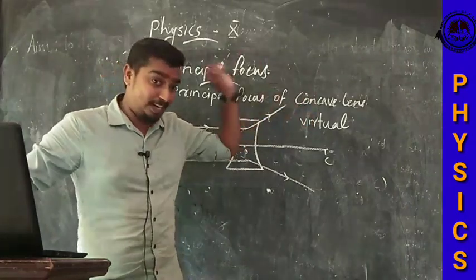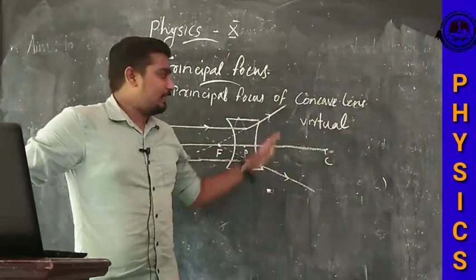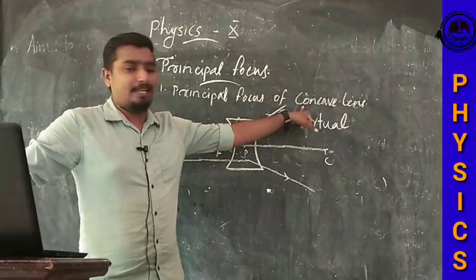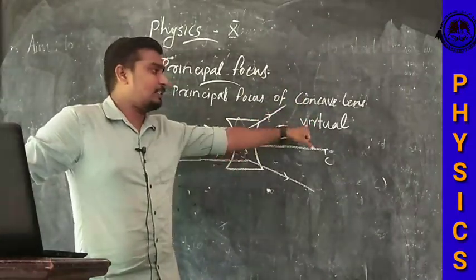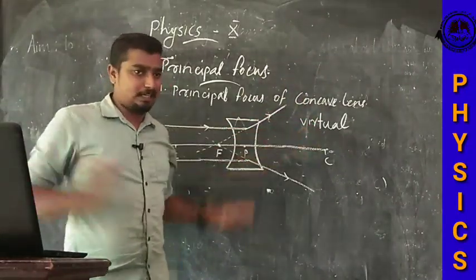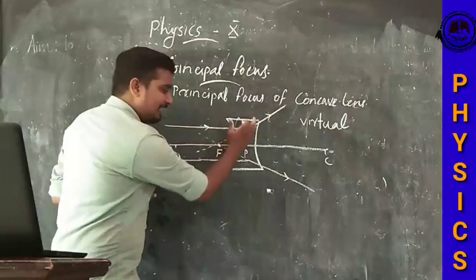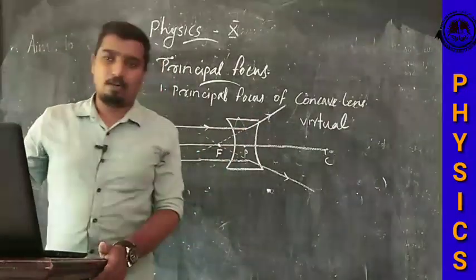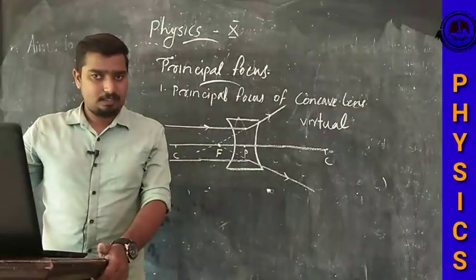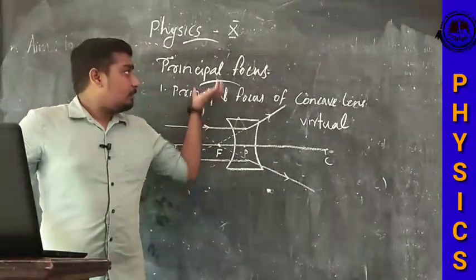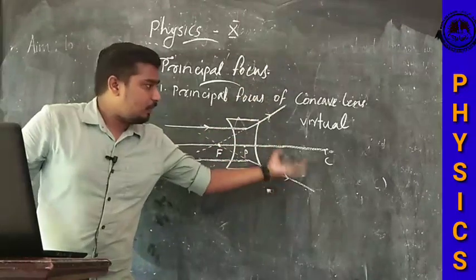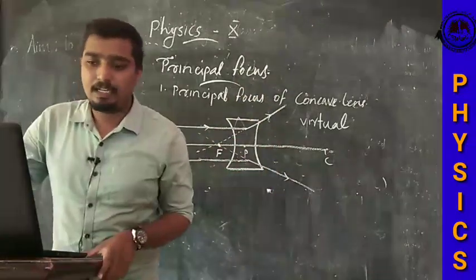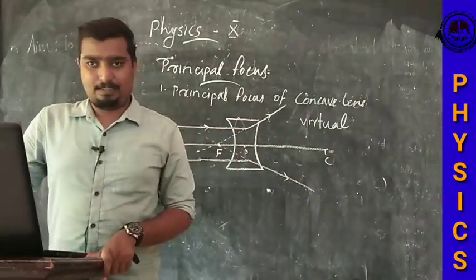But in the case of a concave lens, the principal focus is virtual, that means an imaginary focus. Clear? This is the principal focus of concave and convex lenses.